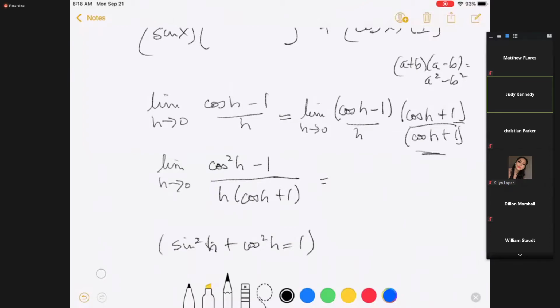So cosine squared minus 1 is equal to minus the sine squared, and I cannot forget my limit. Oops. Okay, so that's minus the sine squared of h over h times the cosine of h plus 1.